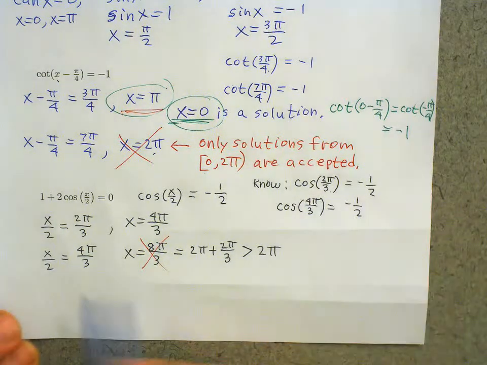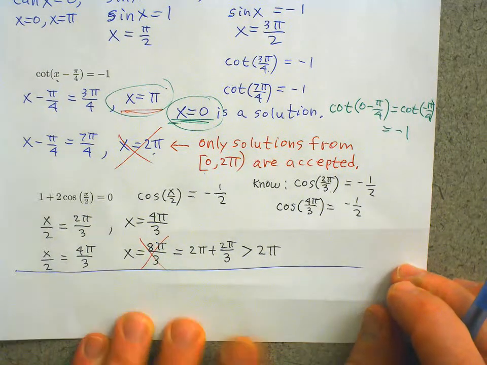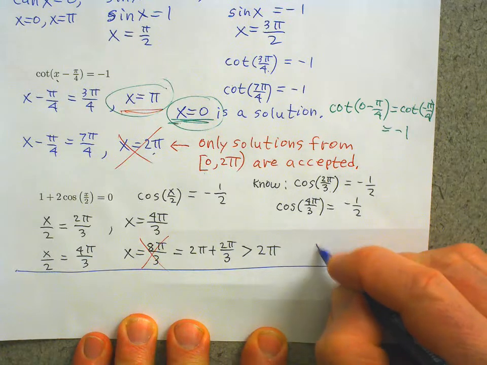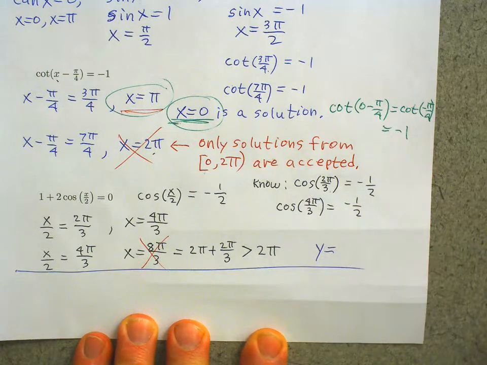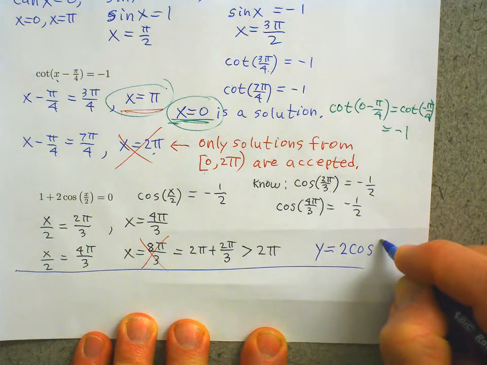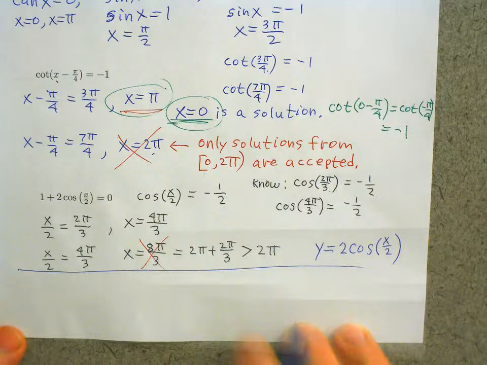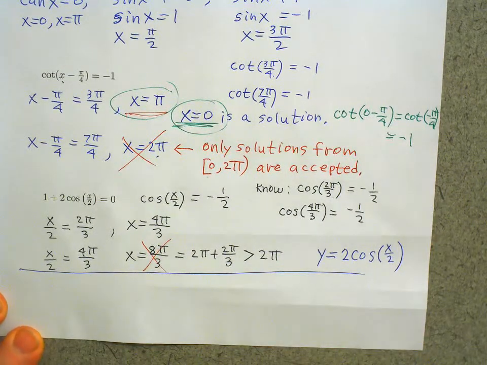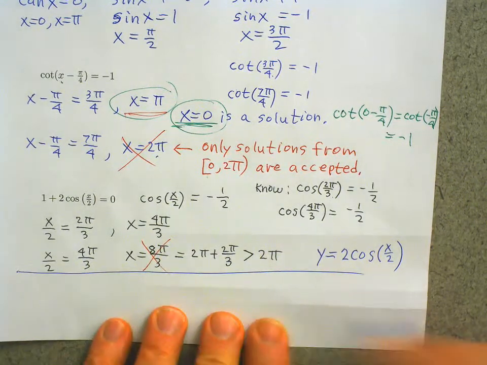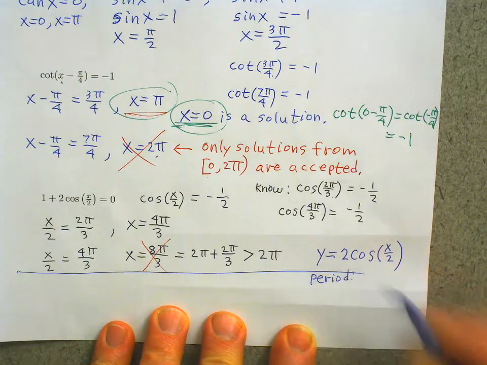Okay, so let's discuss this just briefly. Consider the function y equals 2 times cosine of x over 2. So what's the period of this function? The period is 2 pi divided by 1/2, or 4 pi.